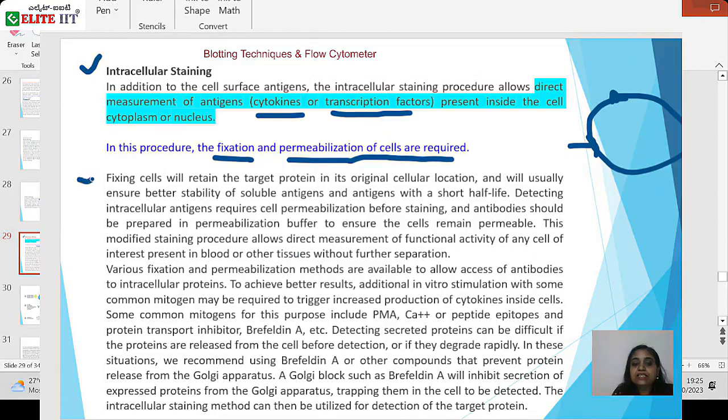See here, it is written: fixing cells retains the target protein in its original cellular location, and will usually ensure better stability of soluble antigens and antigens with a short half-life. If the half-life is short, you can fix it first, then increase the permeability, and finally add the labeled antibody.